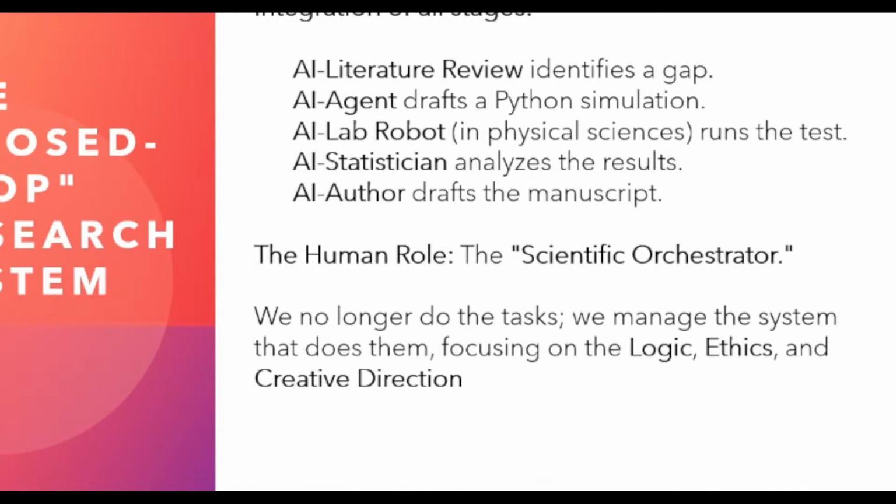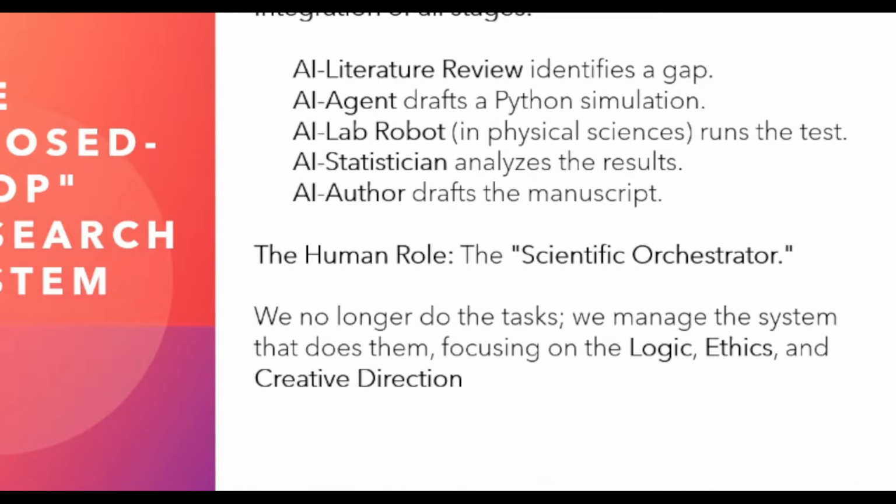So now integration of all stages, the closed loop research we talked about in the beginning. Starting with a literature review, it identifies a gap. An agent drops a Python simulation. A lab robot, that's in physics, runs the test. An AI statistician analyzes the results, and an AI author drafts the manuscript.